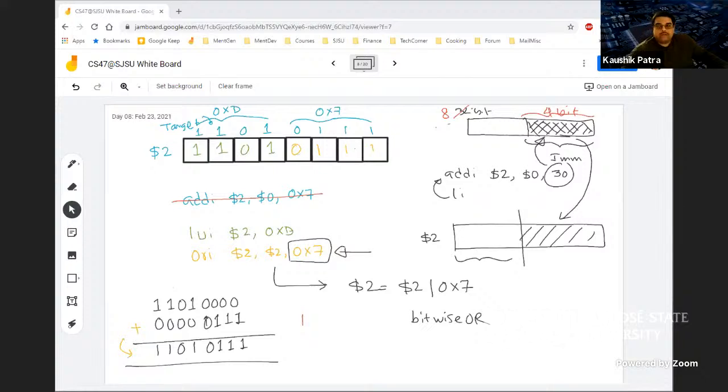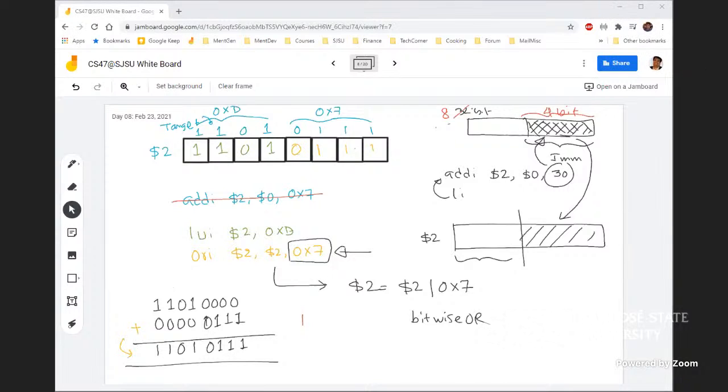Yeah, that's what I'm coming to. So what you are proposing here is this: instead of this one, you want to use ADDI $2, $0, 7, right?